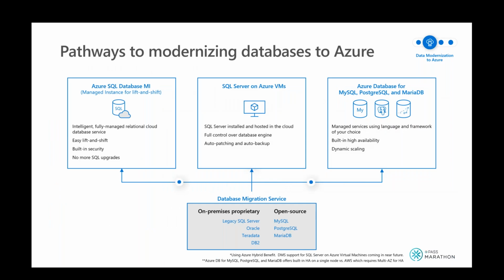Okay, so let's go back now to your databases on-prem. A lot of that is SQL. So we kind of covered this in the 2008 R2 discussion on modernizing that. But essentially, you can take any source, and the key is we've introduced this database migration service, which is free, and will help you migrate any source to these appropriate destinations, right?